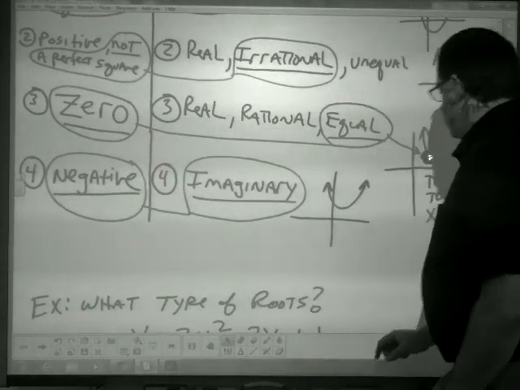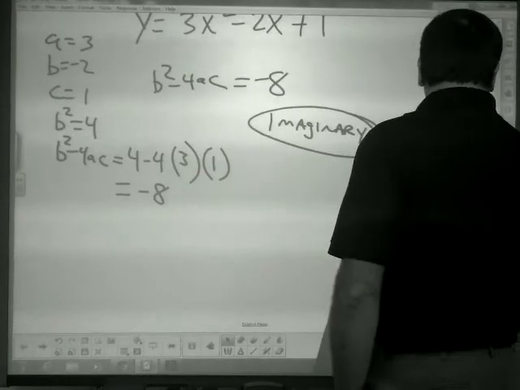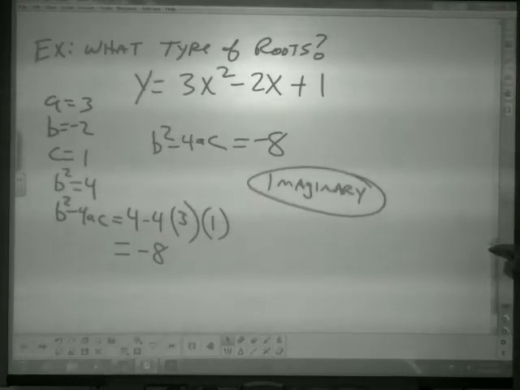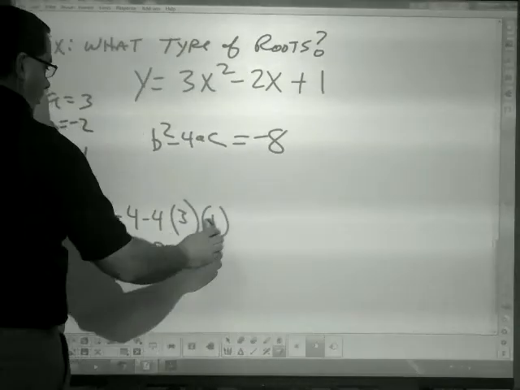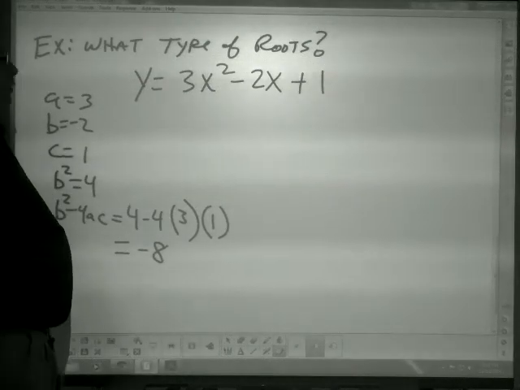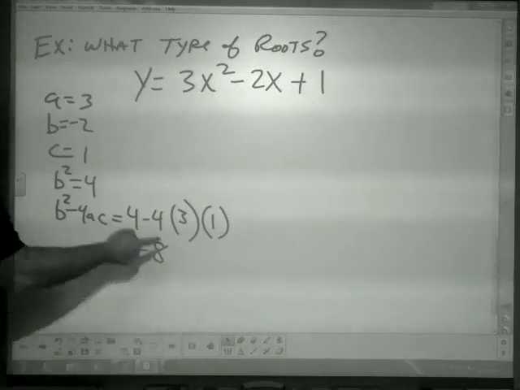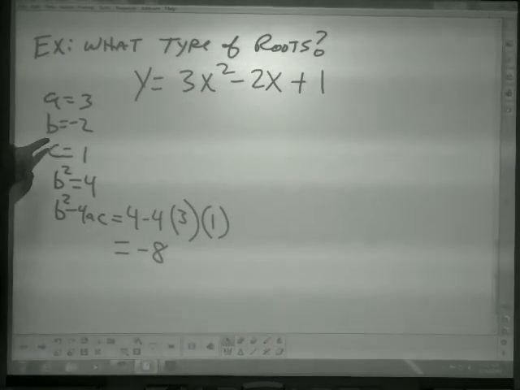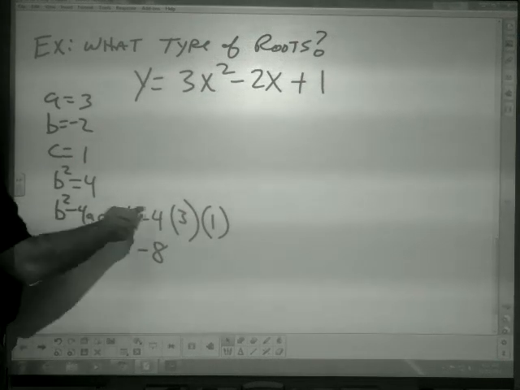Okay? So a question you might get is, what kind of roots do we get? All right, so we have a problem, y equals 3x squared minus 2x plus 1. Well, you have to identify a, b, c, just like before, and compute b squared minus 4ac.